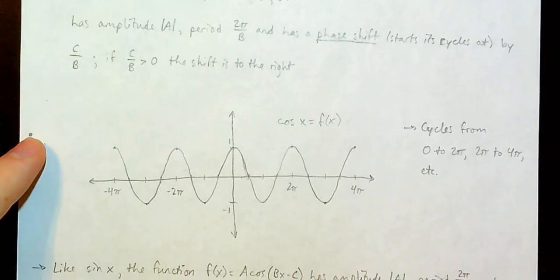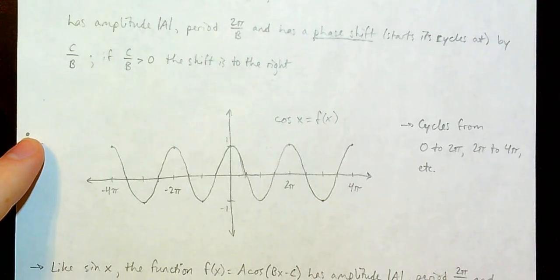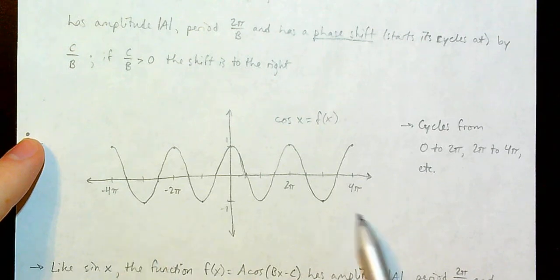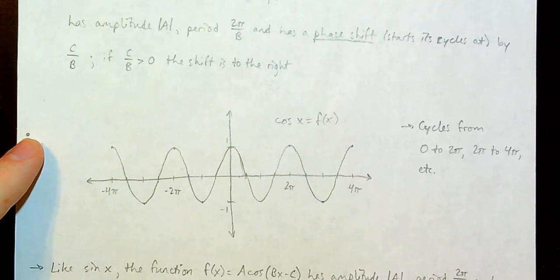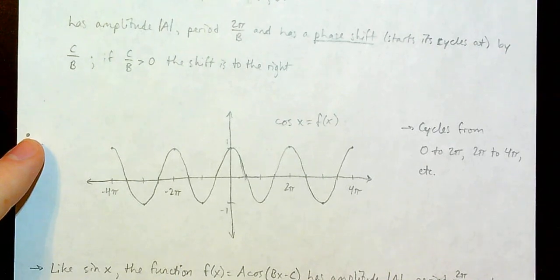Here's the graph of the cosine function. It also has that same wavy pattern. I just sketched this over the interval -4 pi to +4 pi, but you could keep doing this same pattern over and over, and you would get the rest of your function.